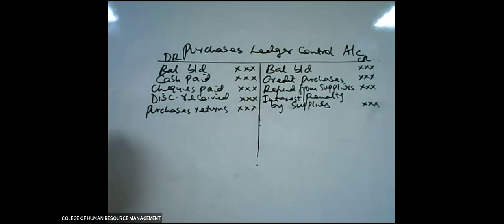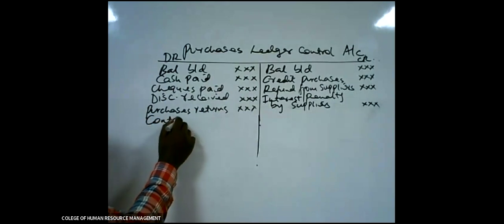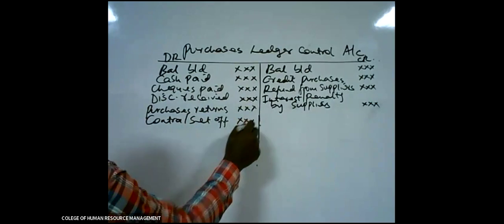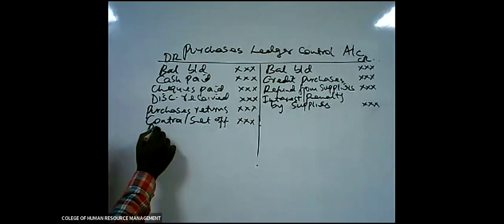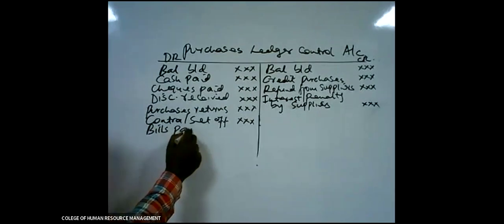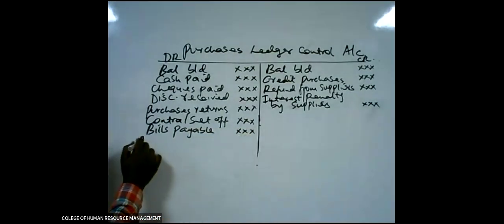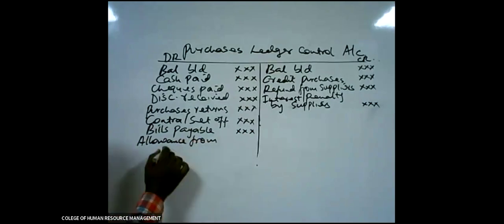Then we have the contra or the set-off, the bills, and allowance from suppliers.